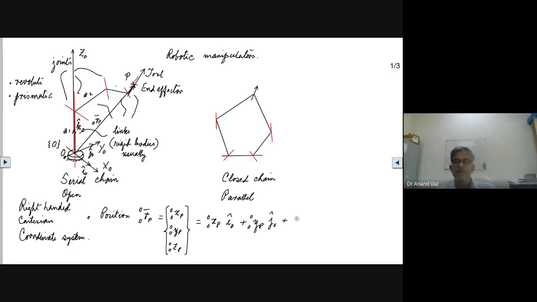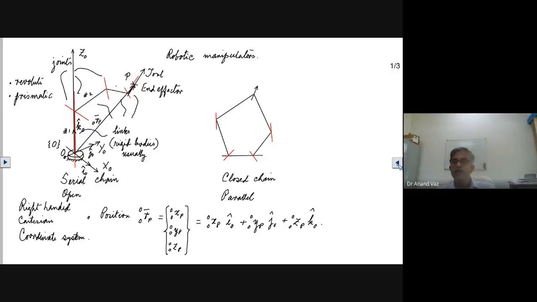And here we have z k. So this is the representation which we are familiar with. But now, because we are going to use matrix methods, we will represent the same vector like this. We'll just write the components here. Of course, we have to specify the frame of expression, and you see these components are in the frame 0.